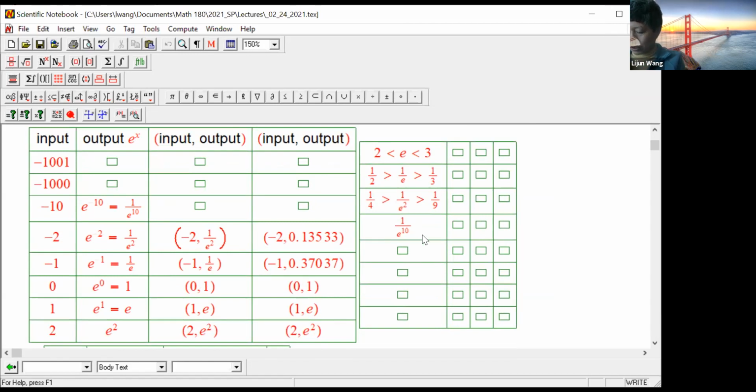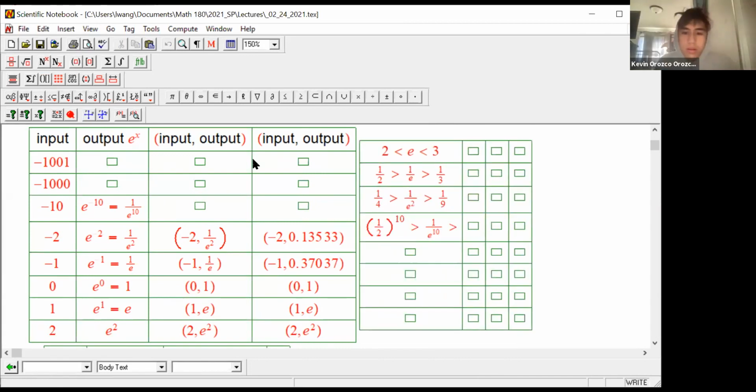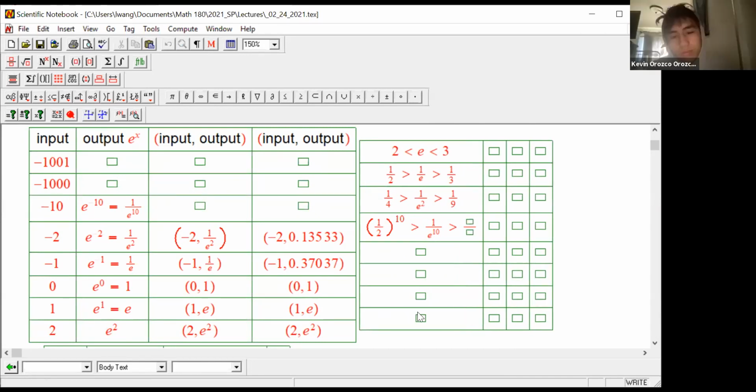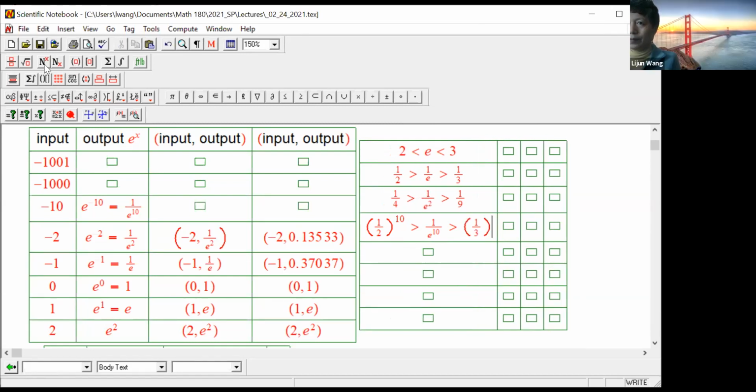So this is going to be greater than what? Smaller than what? 1/2 to the power of 10. Yes, good job. And the other side, what would that be? 1 over 3 to the power of 10. Perfect.